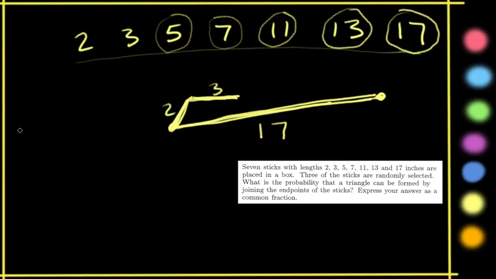Let's start with 17. So if 17 is our largest, then what pairs of these other numbers could add up to give me something that's bigger than 17? Well, let's think about what my next biggest number is.